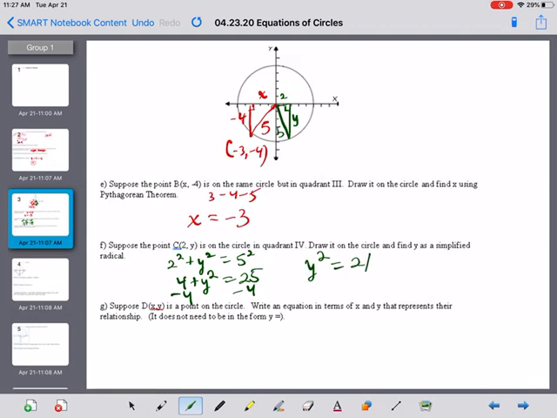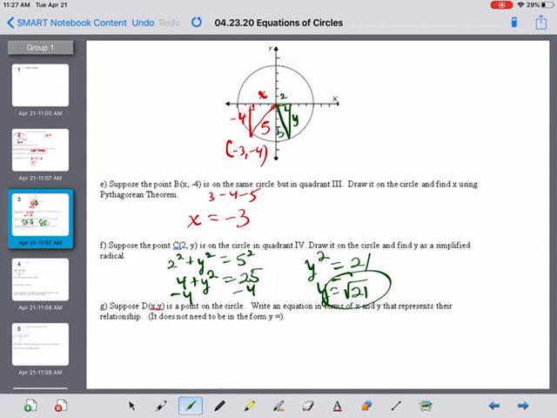Subtract 4. y squared equals 21. 21 is 3 times 7, so there's no perfect square. So y is the square root of 21, and since it is in quadrant 4, we're looking for the negative answer.